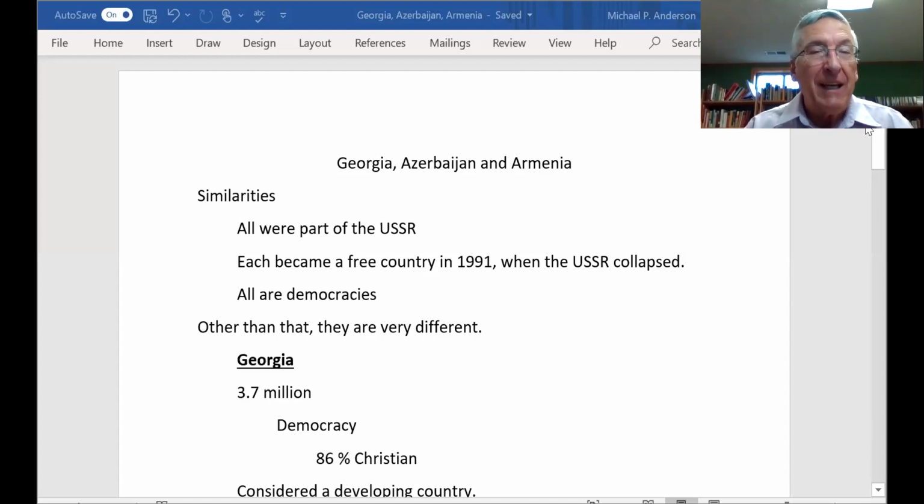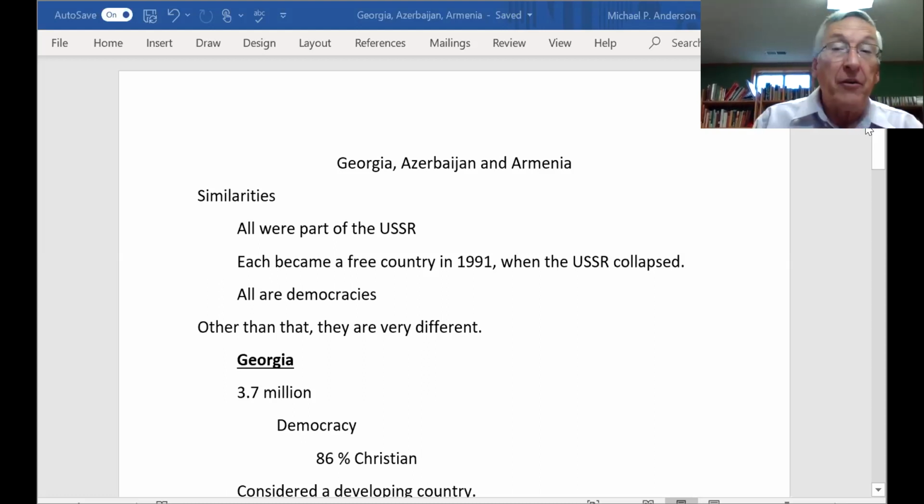USSR, however, did not last very long. Now, these were the communists. This is the people that we were resisting during the Cold War that your parents and grandparents lived through. But when the USSR collapsed in 1991, all of these countries became free, okay?